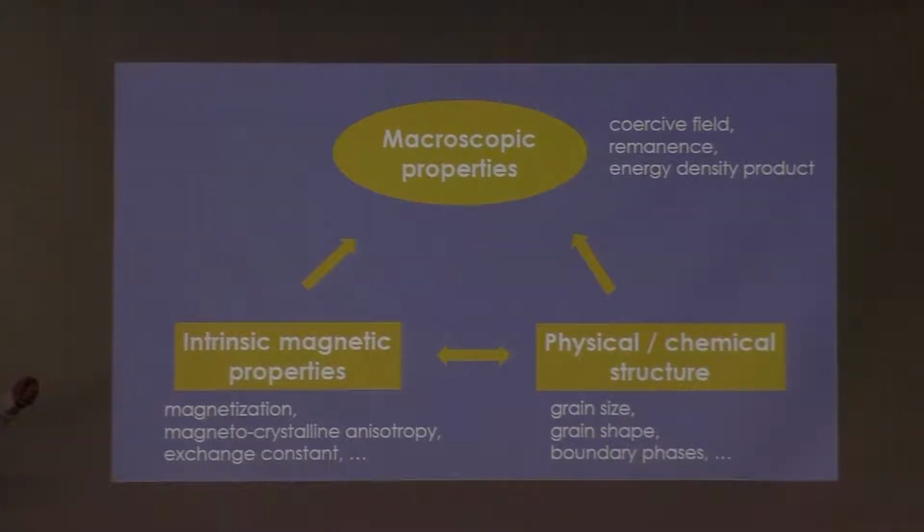Analyzing the influence of the structure of the magnet is a little bit more complicated. You need some transmission electron microscopy analysis, and you probably have to compare different samples. But what we can do is create structures of the magnets on the computer and compute the hysteresis loop if we have the input from the intrinsic magnetic properties.